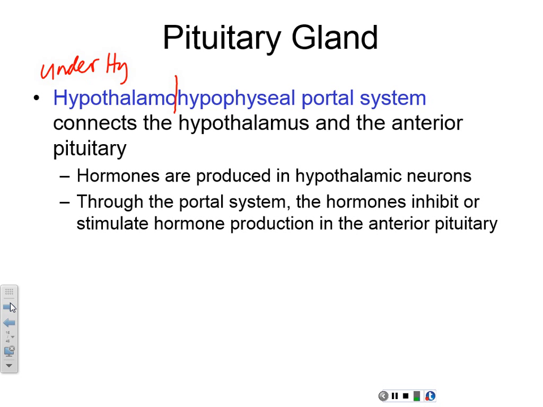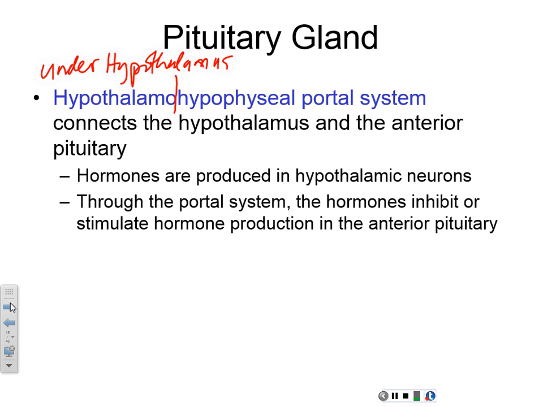Under hypothalamus. Okay? That's the first part of the word. So don't be tricked by the length of the word. You break it down. Okay? Make it easy, manageable chunks. That's what you do. You gotta do that, because otherwise you go nuts.